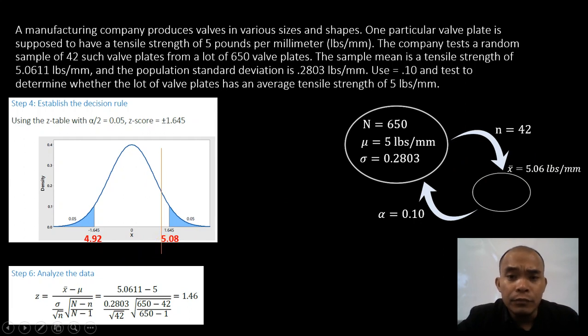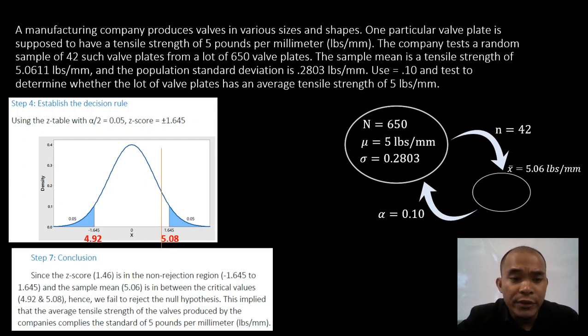Okay, so what is our conclusion now? Our conclusion is, since the z-score of 1.46 is in the non-rejection region, which is the z-scores negative 1.645 to positive 1.645, and the sample mean is in between the critical values, these two being the critical values, hence, we fail to reject the null hypothesis.